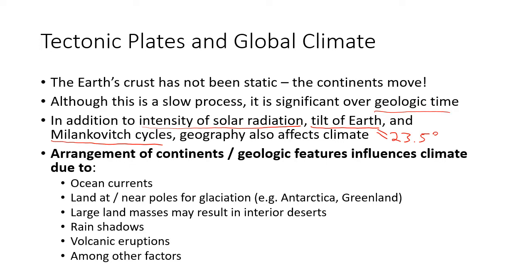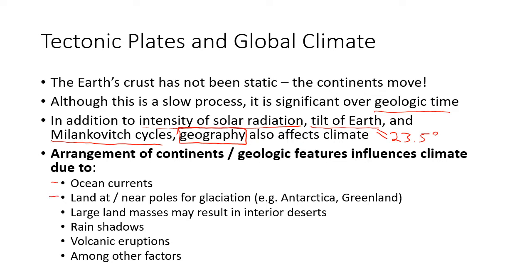And then this is where we're focusing on today, geography, how geography is going to affect climate. So how does geography affect climate? Well, it does it in a number of ways. Ocean currents: geography is fundamental in the shaping of not only the continental land masses, but the oceans that are surrounding those land masses, and then the currents that are in those oceans.